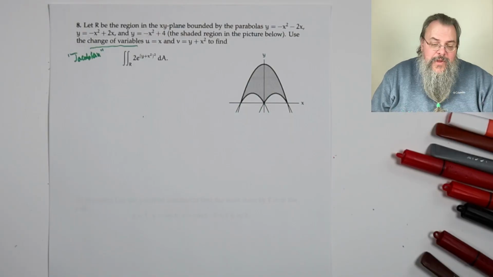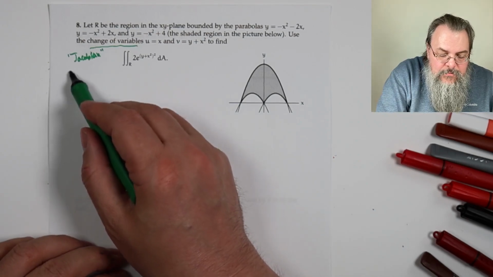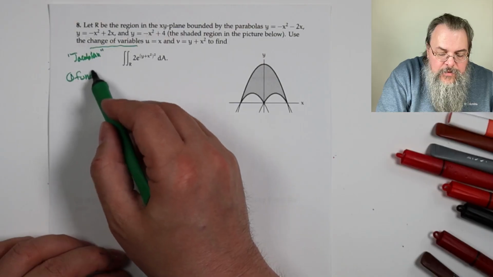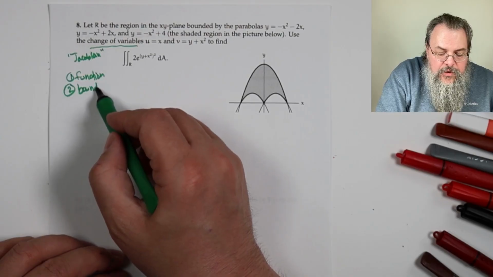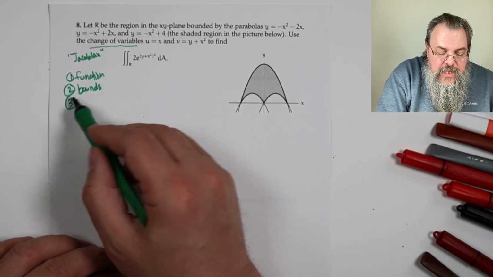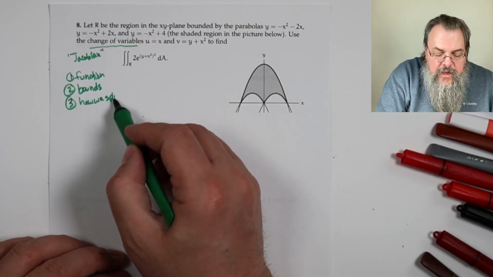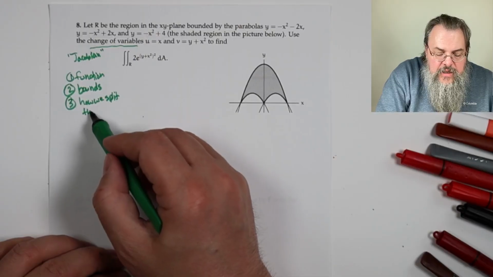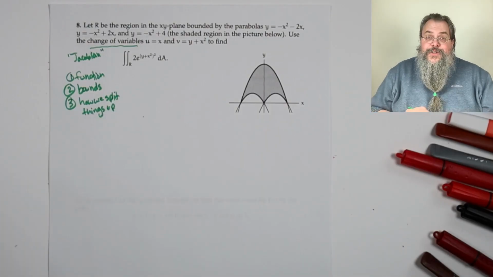There's the function, there's the bounds, and those are the ones that most people think of. But then there's how we split things up. And that actually is really important. And that's where we should start our conversation.